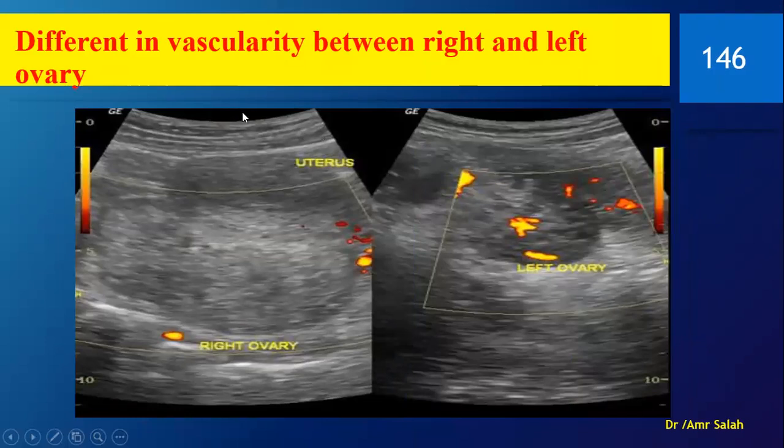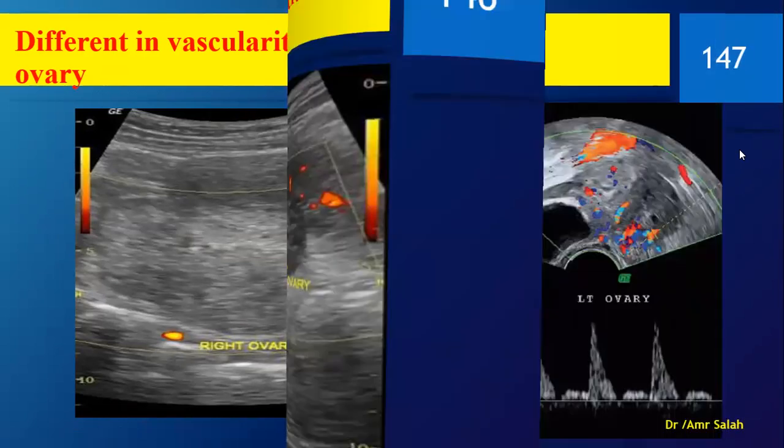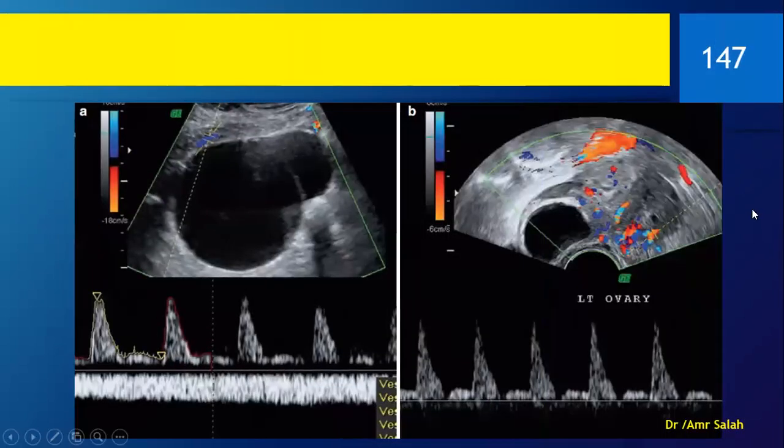Here there is a difference in vascularity between the right and the left. See that this is the right ovary and this is the left ovary. In the right ovary, we can see both arterial flow and venous flow.